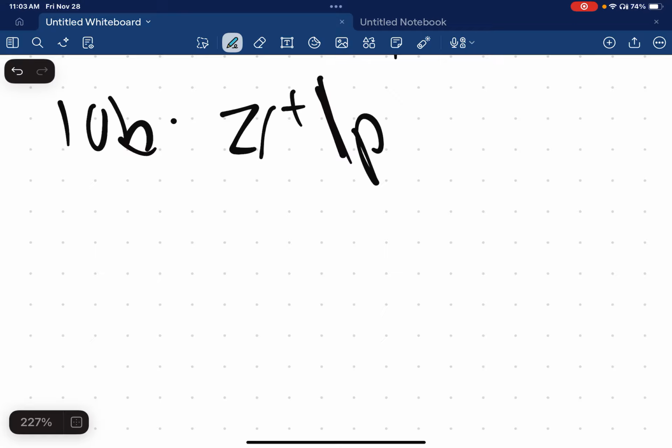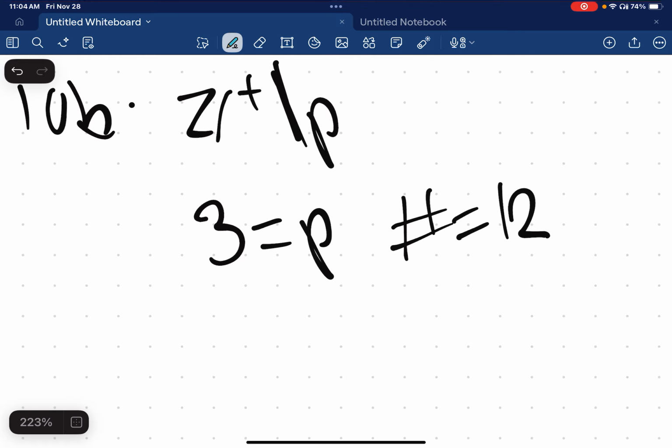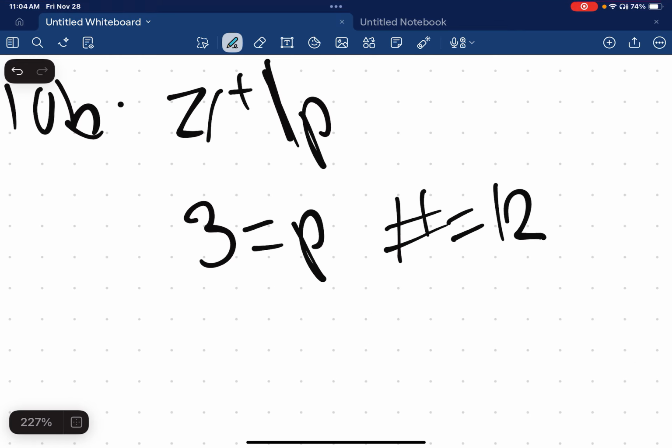So let's take 3. That'll be our first prime number. And it's trying to say that if this number is divisible by any prime number, so we'll do our random number as 12, then the number is not prime. Okay, I should probably take a prime number for this.